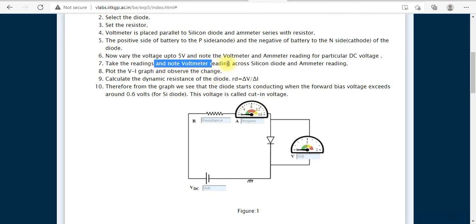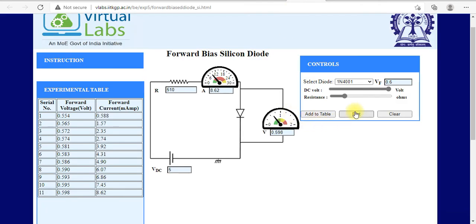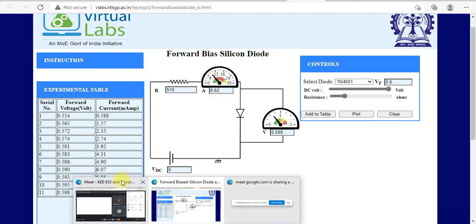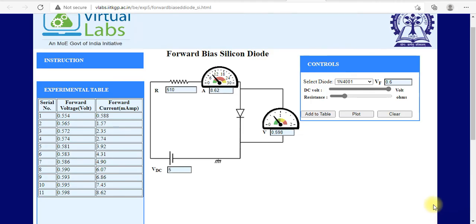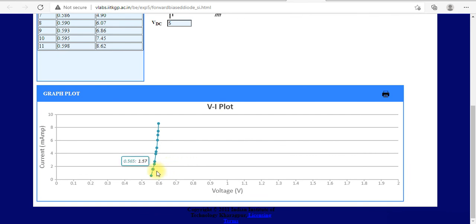Now we will work: take the reading, note down the voltmeter reading across the silicon diode and the ammeter reading, plot the VI characteristics and observe the change. Now we will plot the curve. Okay, we can just use the plot. This is the plot, and it is simple.